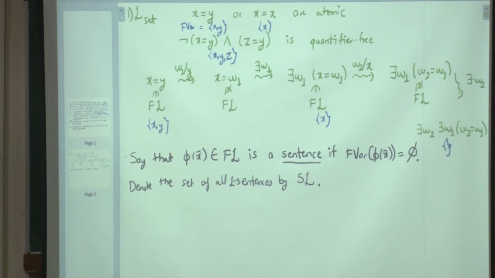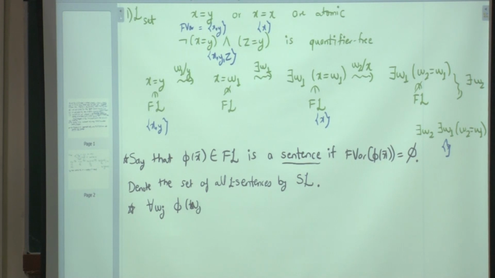Okay, maybe we should formally write down, for all Wj phi, phi with Wj replacing xi, is a short form for negation there exists Wj, negation phi with Wj replacing xi.